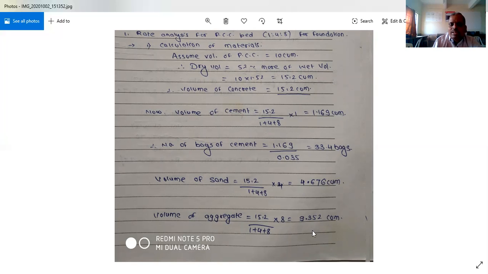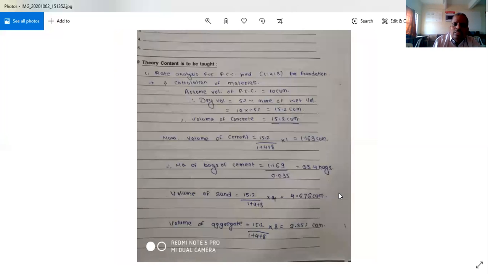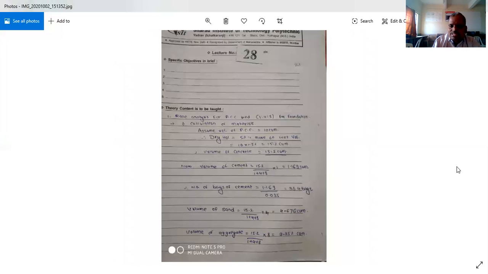So it is 9.532 cubic meter. If we divide this volume in cubic meter by 2.83, we'll get the volume in brass. Also for cement and sand, just divide by 2.83, you will get the volume in brass.